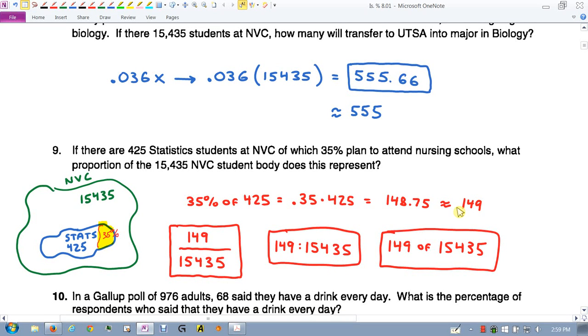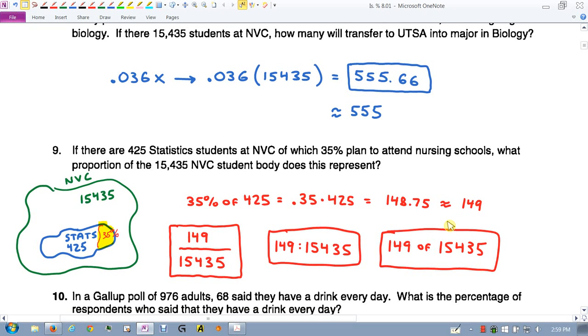Up here? Well, no, I mean, you don't need to use it, no. Yeah, so if they asked you what percentage, it would come out to be less than 1%.